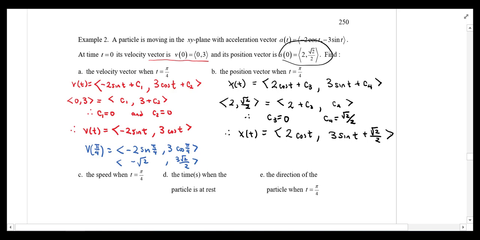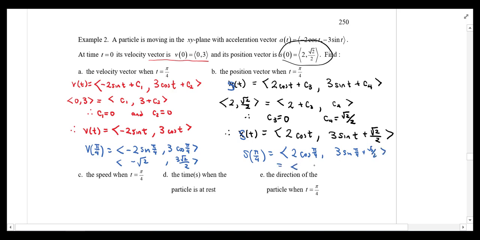And therefore, I can hopefully use, oh, by the way, sometimes we use s, so if you want to use s, that's fine. Sometimes x is not so good because that might confuse you with the component x. So let's just use s, sorry about that, and now just s of pi over 4: 2 cosine pi over 4, 3 sine pi over 4 plus root 2 over 2.